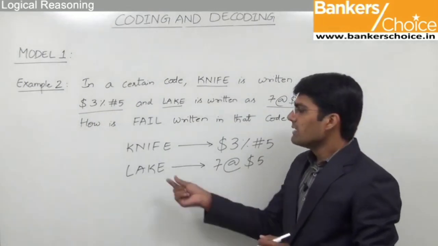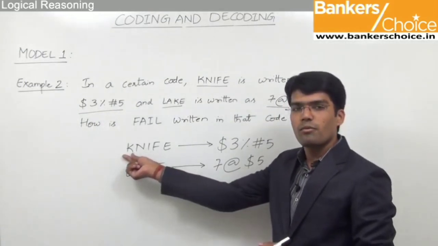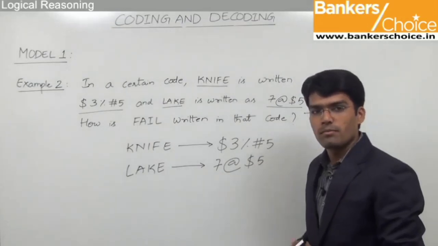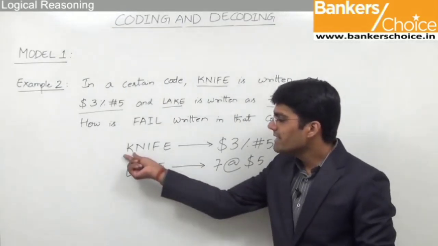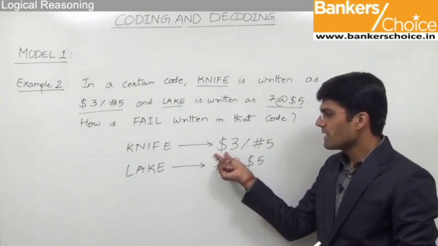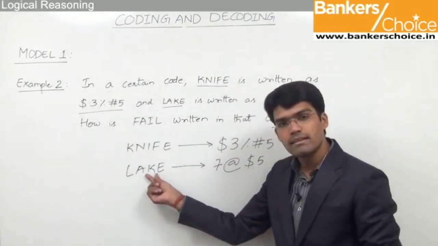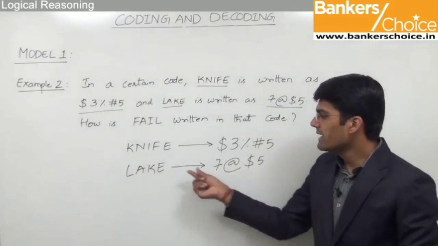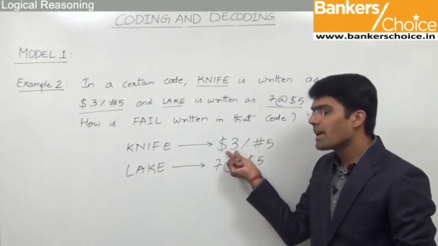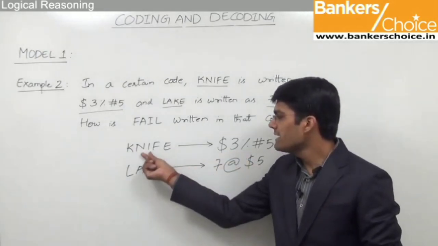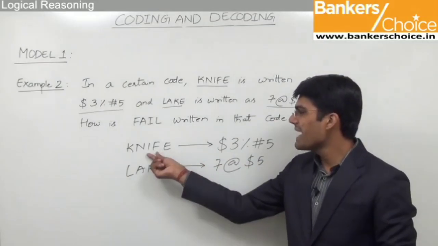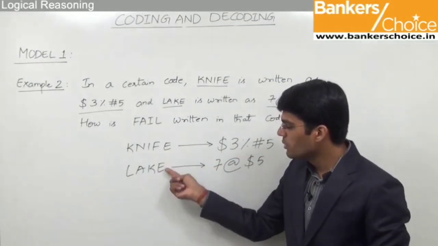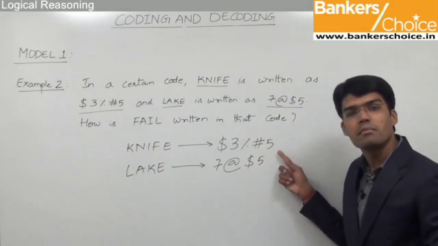It is simply the replacement of each letter with either a symbol or a number in the coded form. For example, the letter K is taken as $. Even in the second word, the third letter K is taken as $ on the coded side. The letter N is taken as the number 3. I is taken as percentage, F is taken as hash, and the letter E, which is present in both the words, is taken as the number 5.